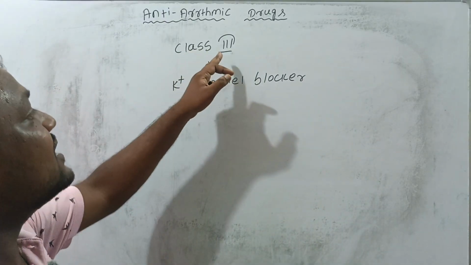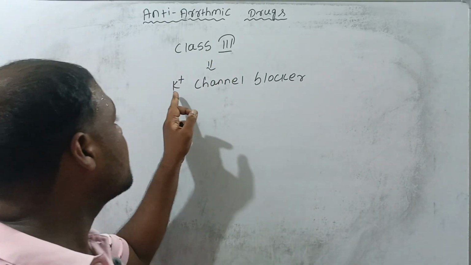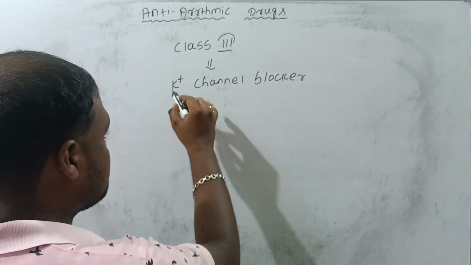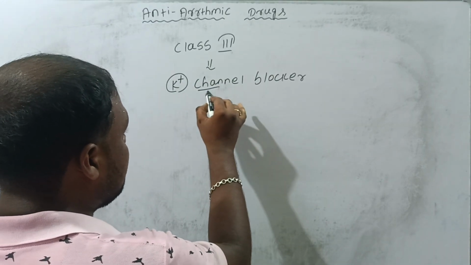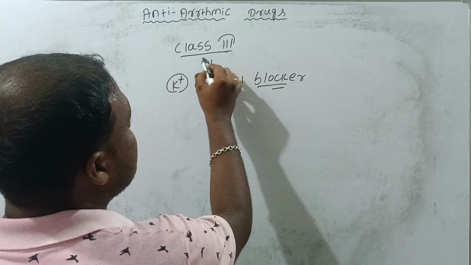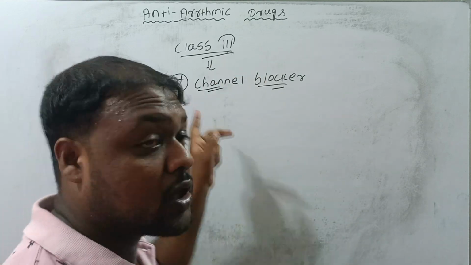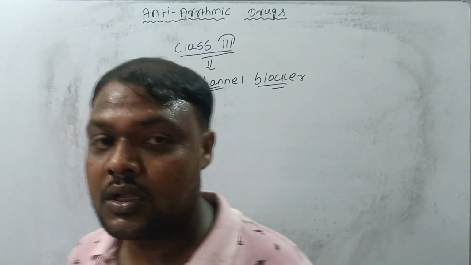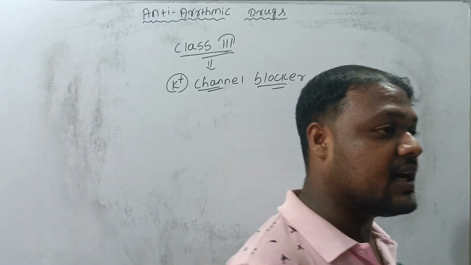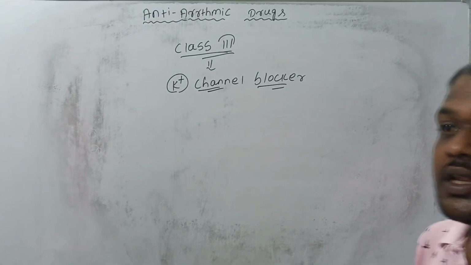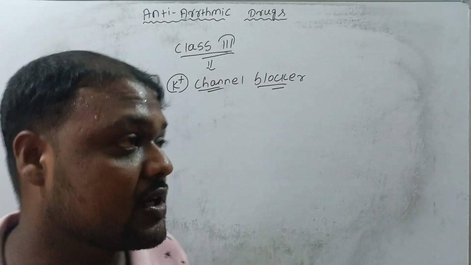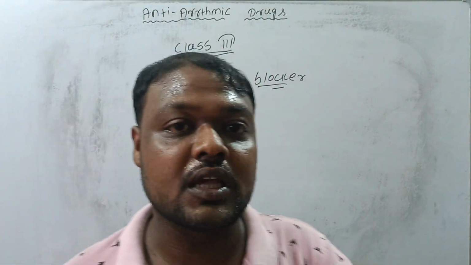The class 3 antiarrhythmic drug is the K plus, the potassium channel blocker. If the question asks which category of antiarrhythmic drug the potassium channel blocker belongs to, that is the class 3 antiarrhythmic drug.